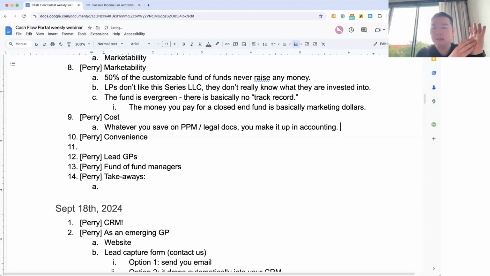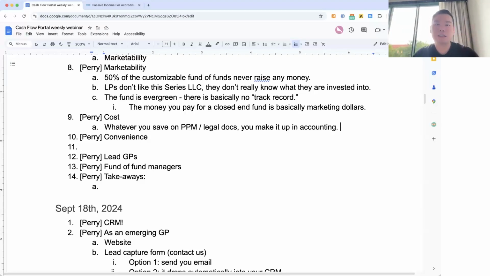Because we are very, very deep into the weeds, whatever you save on the legal fees, someone has to rearrange these assets into buckets, and they have to assign ledger items to them, and then you end up with a large accounting bill.